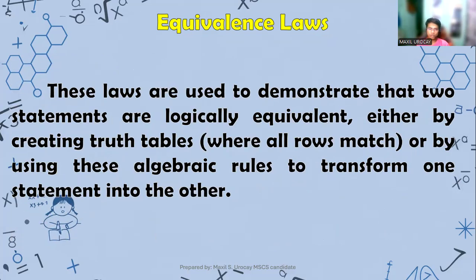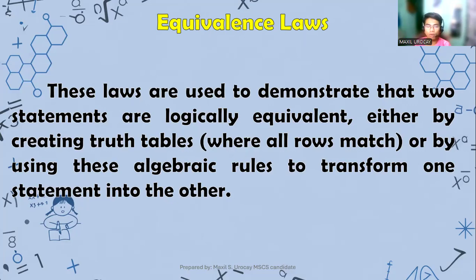The laws are used to demonstrate that two statements are logically equivalent either by creating a truth table where all rows match or by using these algebraic rules to transform one statement into the other.